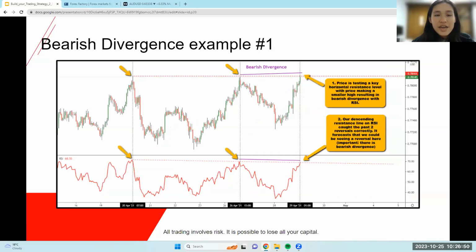If we look at bearish divergence, on the other hand, it's quite subtle, but you can see price is making lower highs on our RSI, whereas on our price chart it's still a resistance level.